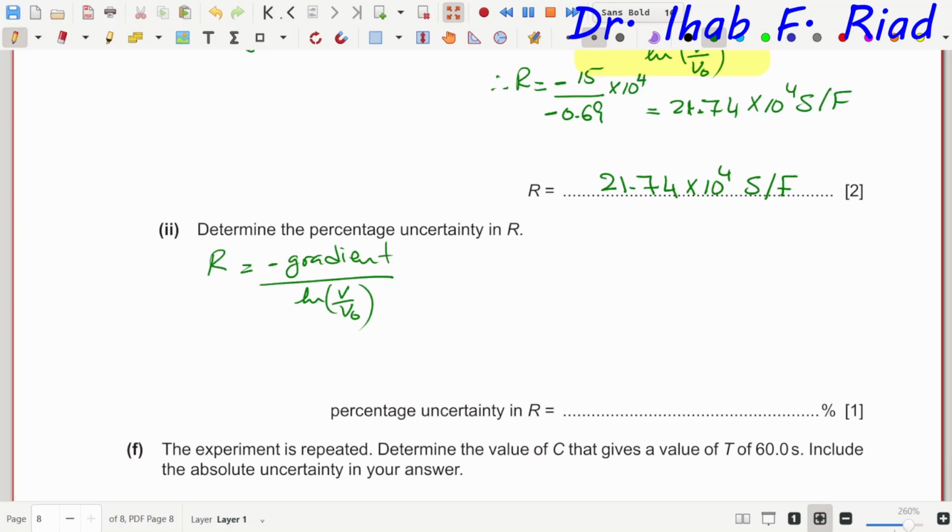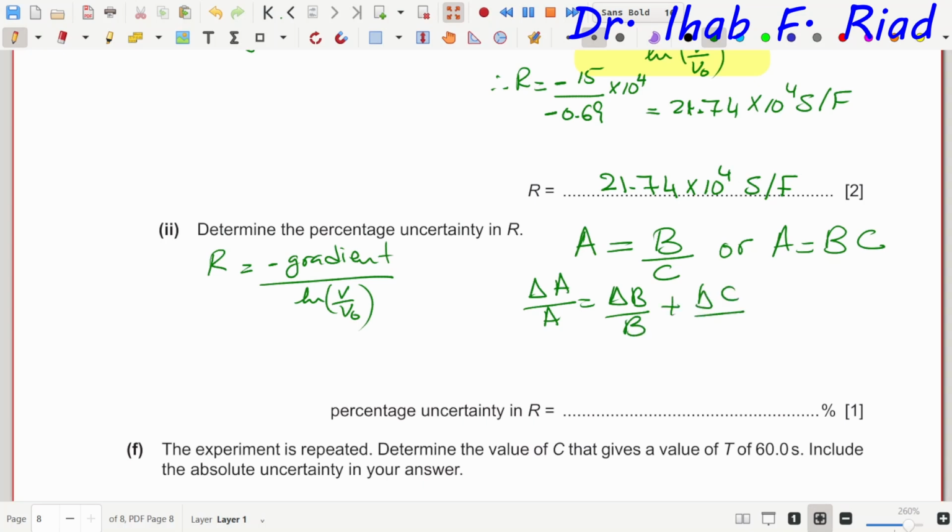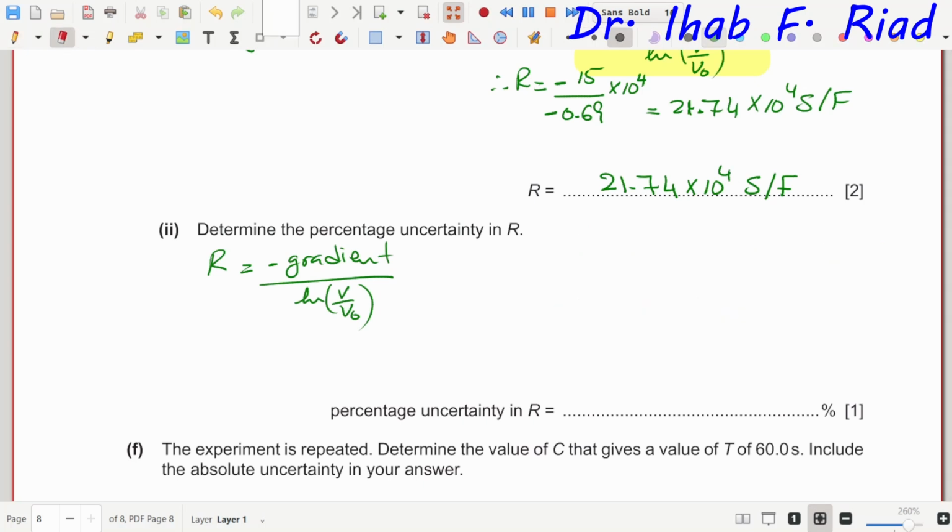Let me write the equation here. If we have A equal to B divided by C, or A equal to B times C, for any one of them, the percentage uncertainty delta A over A is equal to delta B over B plus delta C over C. Remember this.